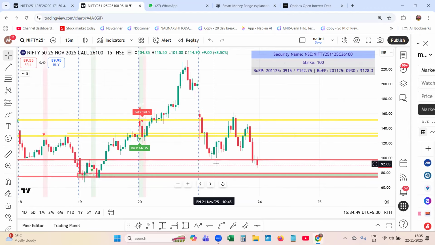Then you could have taken the call option. Let me zoom it out. It came down to 98 rupees. Okay, friends? So you are not doing any homework. Everything has to come like that.